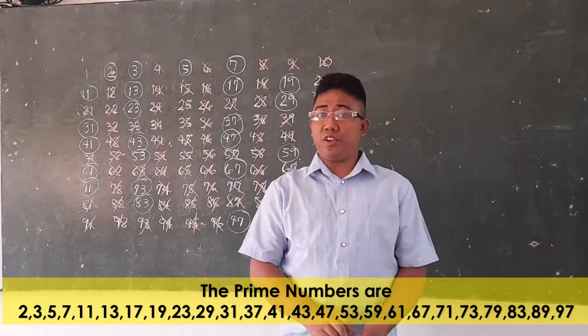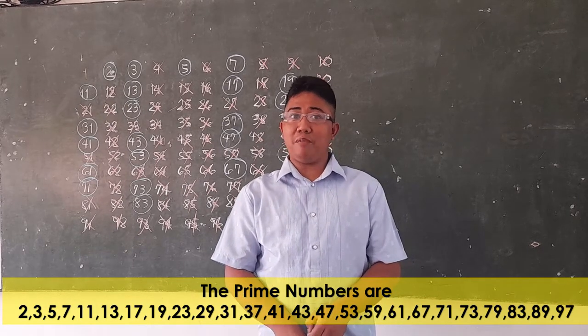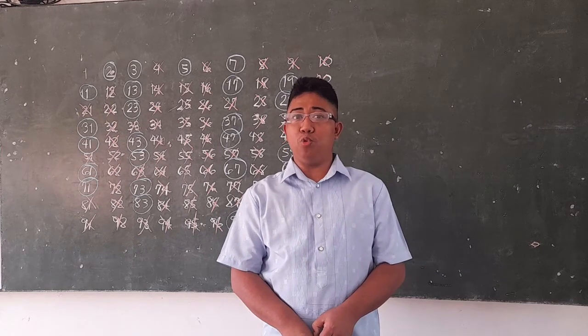So all the circled numbers are prime numbers. These are the prime numbers between 1 to 100.